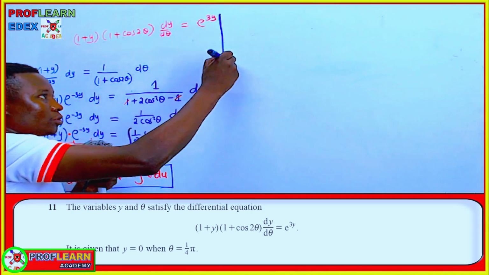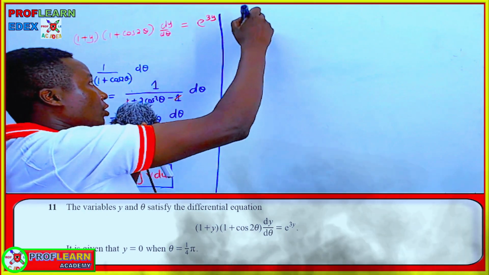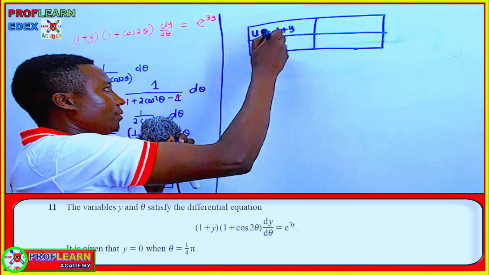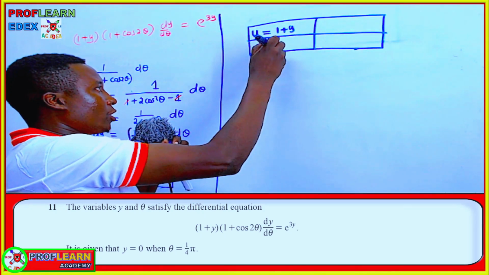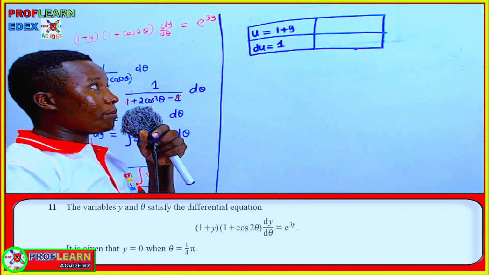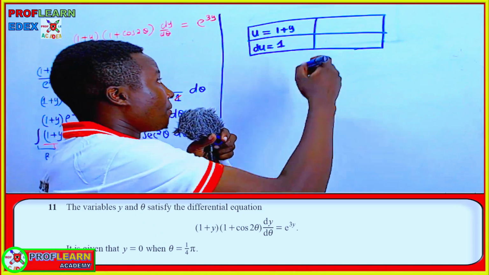Okay, so in the process of working out this question, let me just subdivide this so that we can work it step by step and see what we're going to get. So we say u is actually 1 plus y. Then du is going to be, you differentiate this, and you are going to get 1.